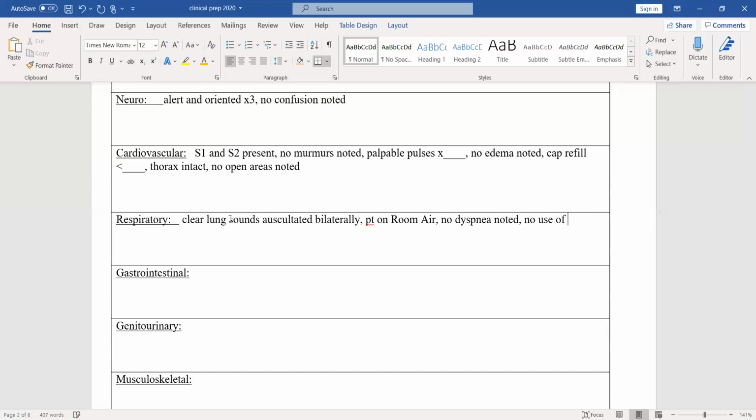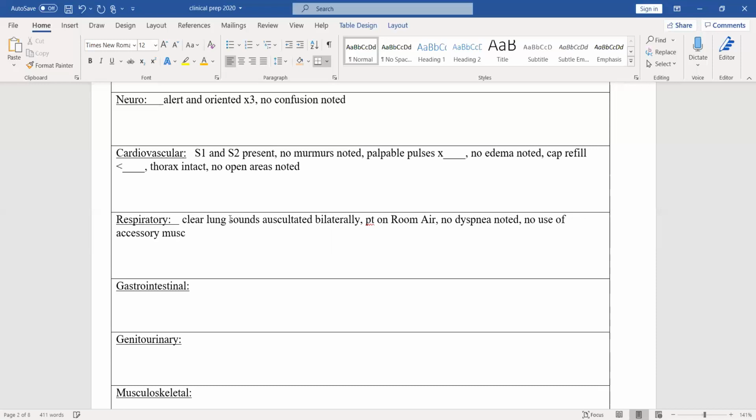No use of accessory muscles noted. Chest or maybe skin intact. No lesions and no cough noted.